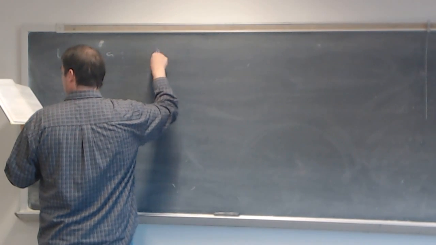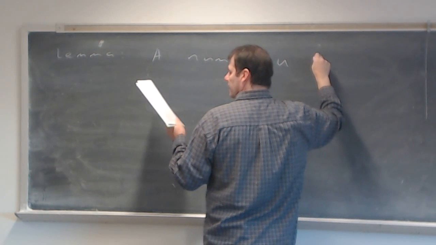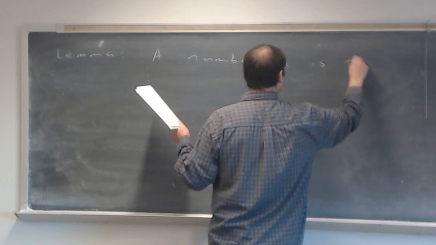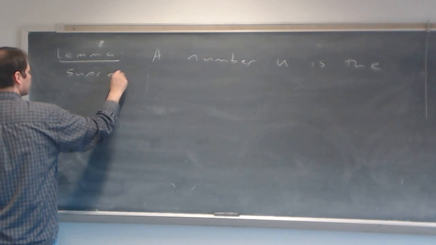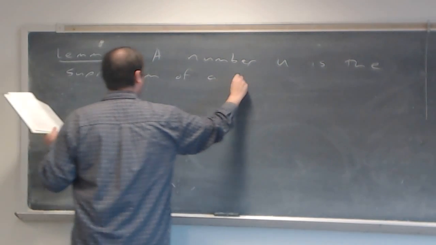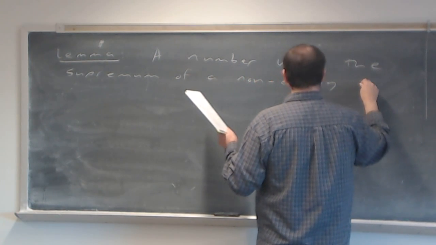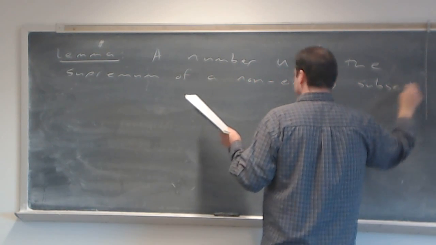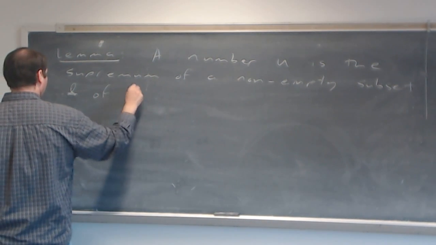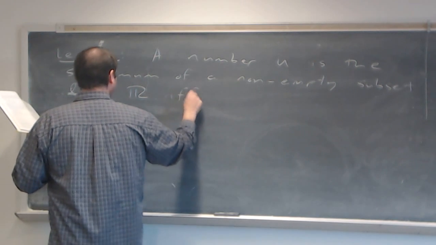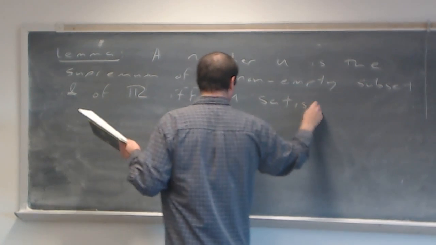It says a number u is the supremum of a non-empty subset script S of R if and only if u satisfies the following conditions.